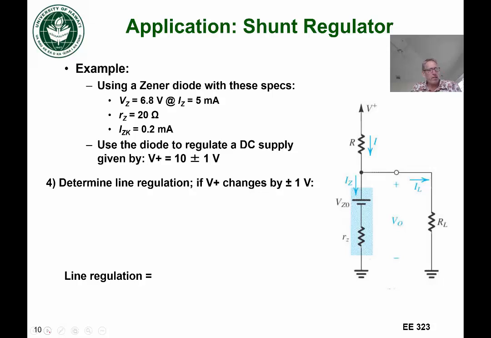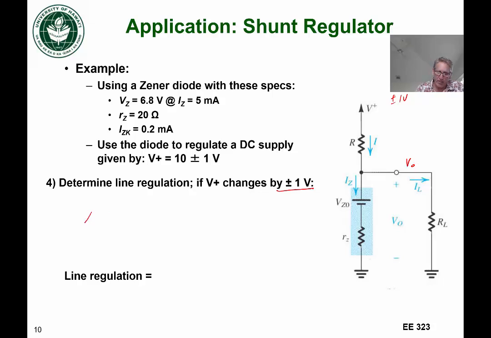Okay, so now if we want to determine the line regulation, we need to determine the change in V out for a change of plus and minus 1 volt in the supply. So if the supply were to change by plus or minus 1 volt, how much would the V out change?